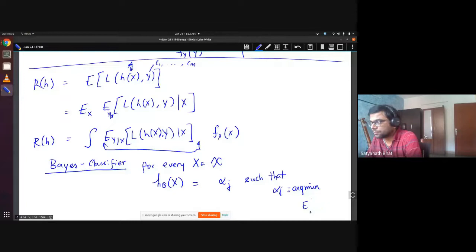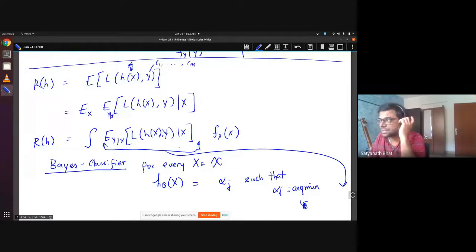That means I will fix h(x) equal to some alpha j, and I will do this. Anyway, tomorrow I will explain this again. We will look at a small example about this, and then we will stop here.